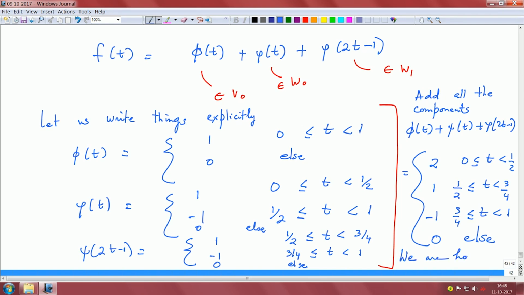We started off with this signal f of t, we decomposed it in the V2 space using the basis in V2, and then we looked at each of the components in V2, and then we further decomposed to a component in V0 and W0 and W1.